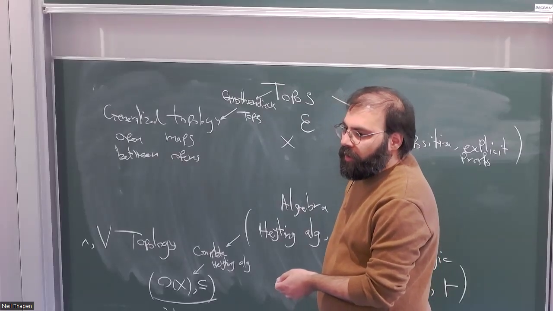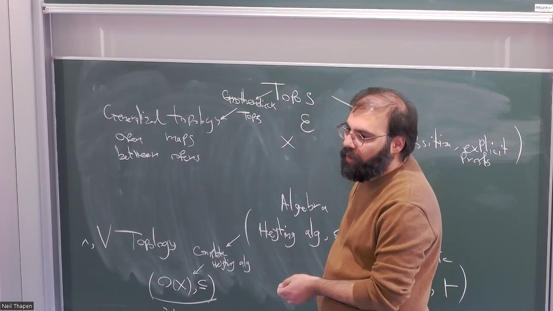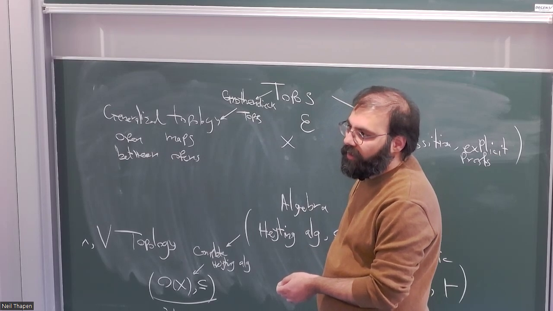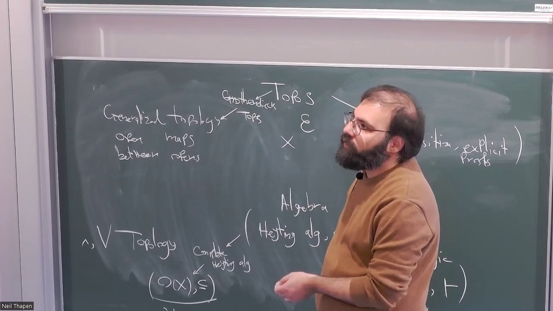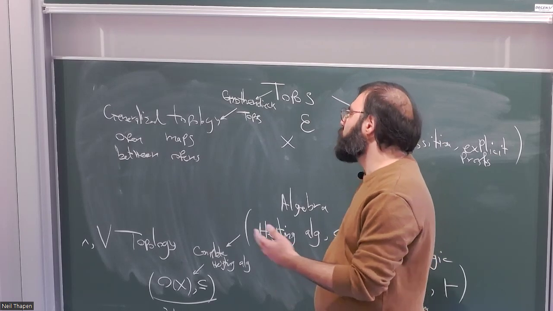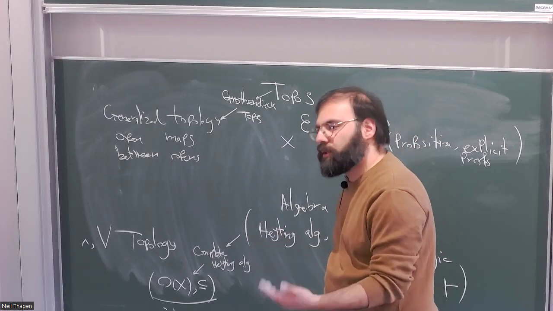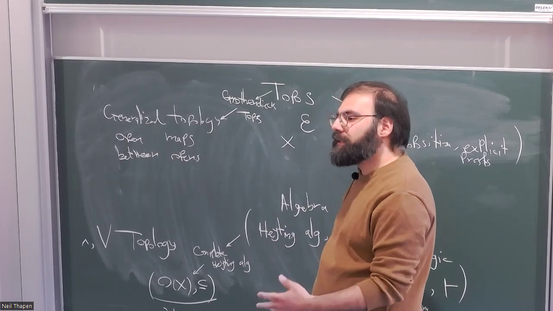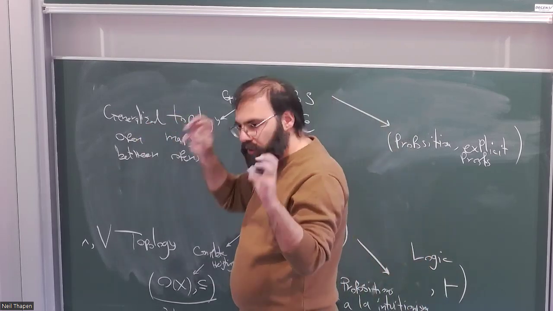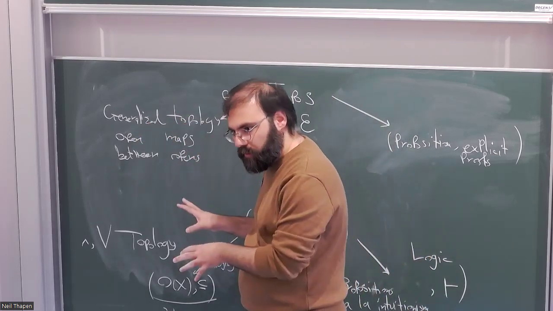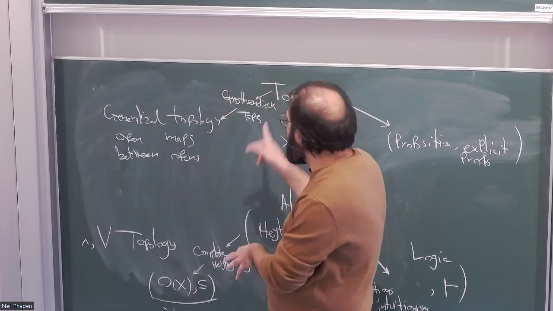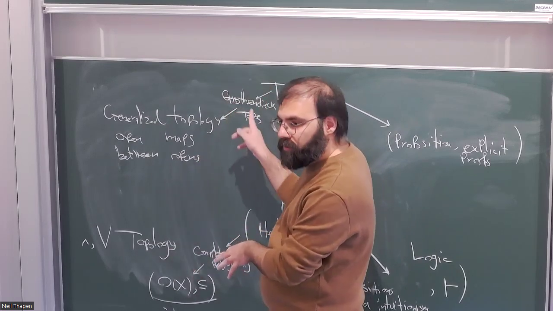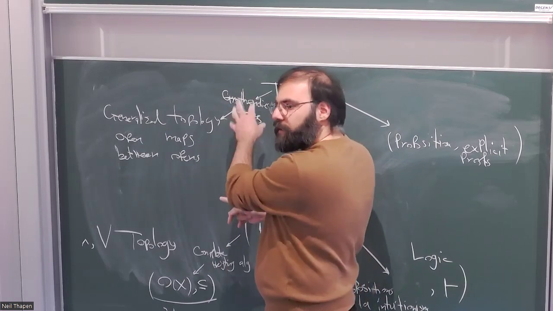Is the generalized topology something I can Google, or what's the name? Of course, you have to search for Grothendieck topology. But the point is that this is kind of a vague notion that we want to formalize. And to formalize that, Grothendieck came up with the idea of Grothendieck topos. So that is really the formalization.